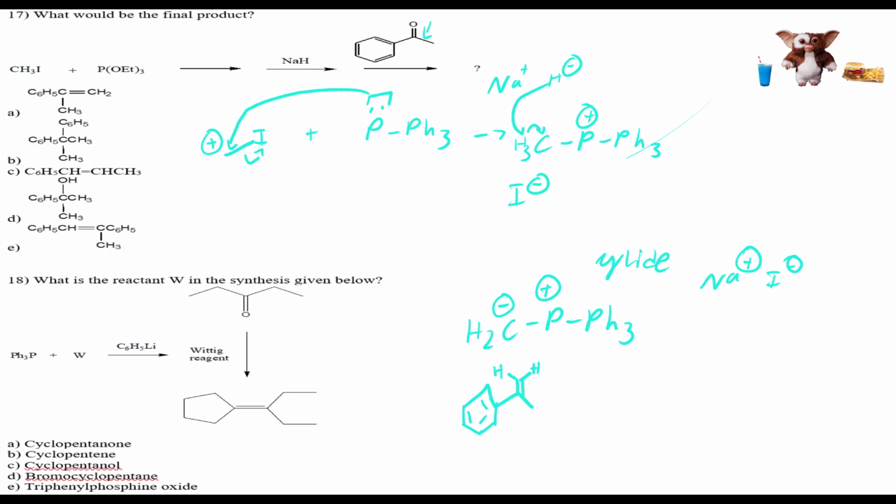So what I added was this guy, okay? Because recall that this structure right here leaves. The phosphorus triphenyl leaves, and it leaves behind the H2C, or the methyl. And so this carbon right here has its 2 hydrogens, and that's all we did. So this is a benzene ring right here. It's attached to a carbon.